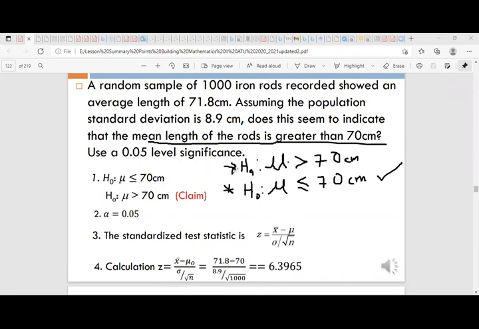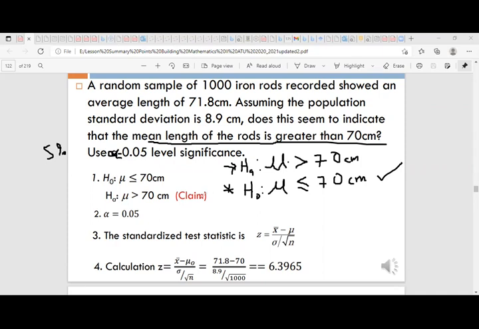Very good. So let's continue. Now, we were told to use alpha of what? 0.05, which means alpha of 5%. So that is stated in the question.